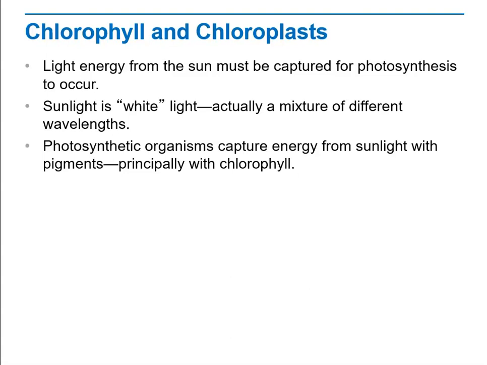Instead, the green light reflects off of it. That's why especially the leaves of plants look green, because the chlorophyll absorbs other wavelengths of light and reflects the green light back to where you can see it with your eyes.